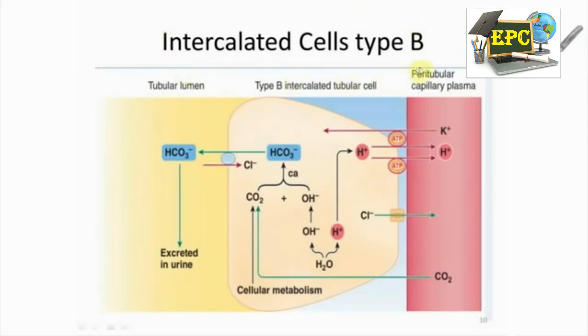And of course, the intercalated cells type B will reduce their activity. That's in acidosis. However, in alkalosis, it's the other way around. The proximal convoluted tubule cells and the intercalated cells type A will reduce their activity, and the intercalated cells type B will increase their activity, so we can kick out most of the bicarb and give us more hydrogen ions into the blood so we can bring back the pH.